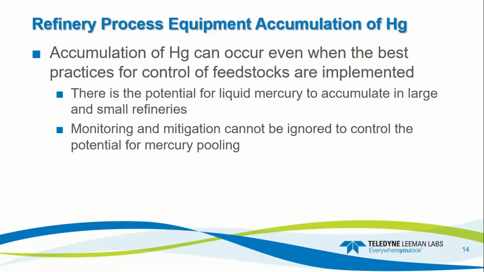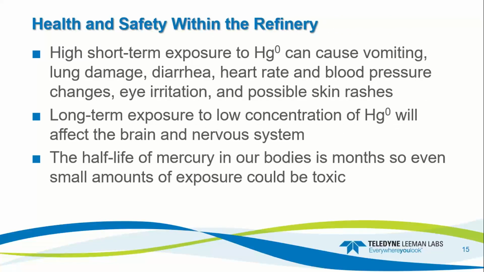Monitoring and mitigation should never be ignored to control the potential of mercury pooling. Once this starts, then LME is going to be very prevalent within the system, and it can lead to a very catastrophic event within the refinery itself, explosions and fires and so forth.